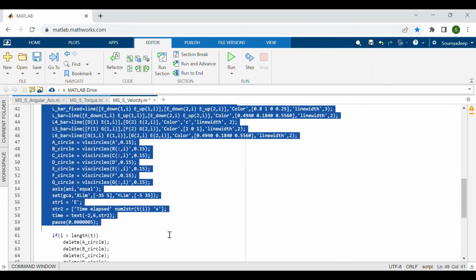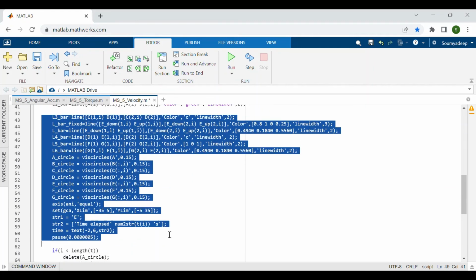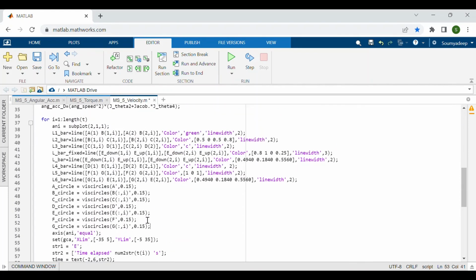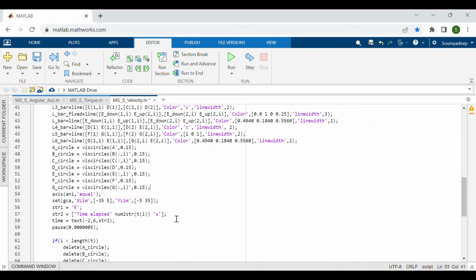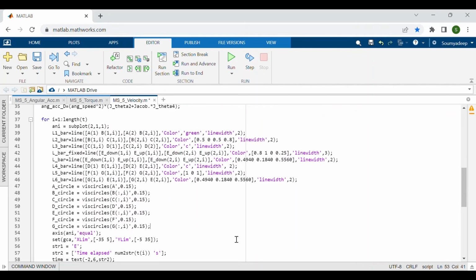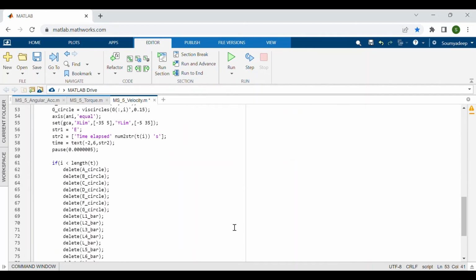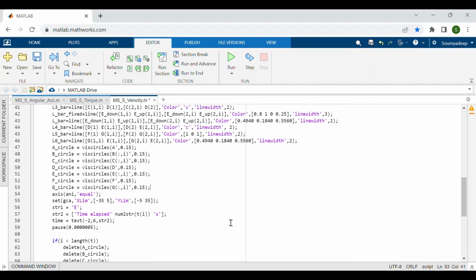This is the loop starting from t equal to 0 to 7, and at each increment of 0.05 it makes the mechanism with all its link parts and all its components and deletes it after an interval of 0.05.